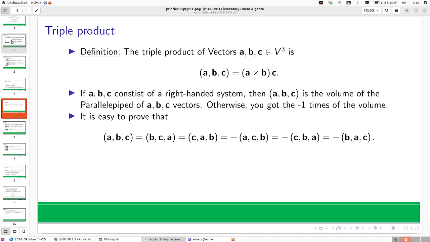So if you have vectors A, B, and C, and you calculate the vector product of A and B, and then the scalar product with C, that's the triple product. The Hungarian term is mixed product, but triple product is the right term.